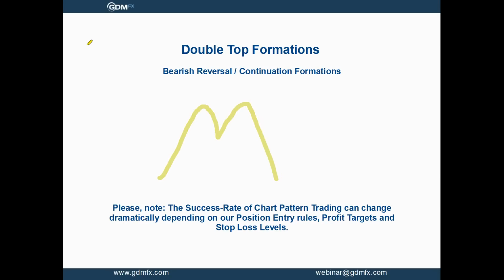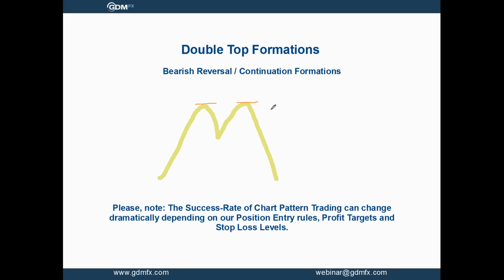Looks exactly like the letter M. We see the two highs, the two tops, right up here, and this is namely why this formation is known as a double top. It's quite easily spotted on the chart. That's what is making it a very popular trading chart formation.